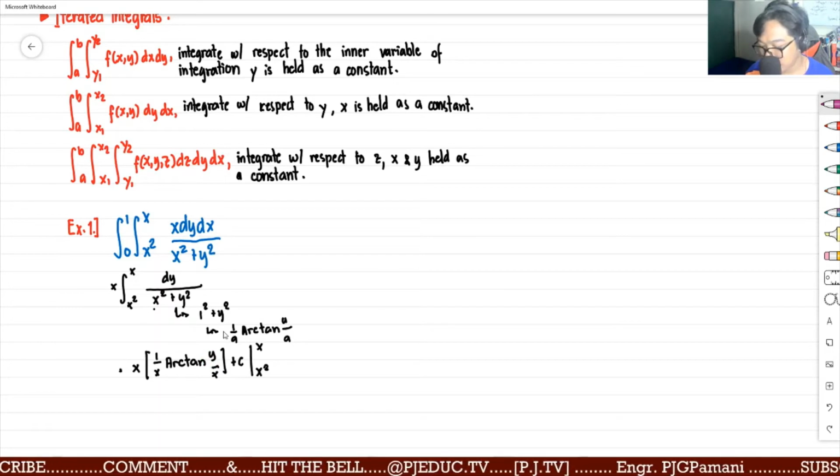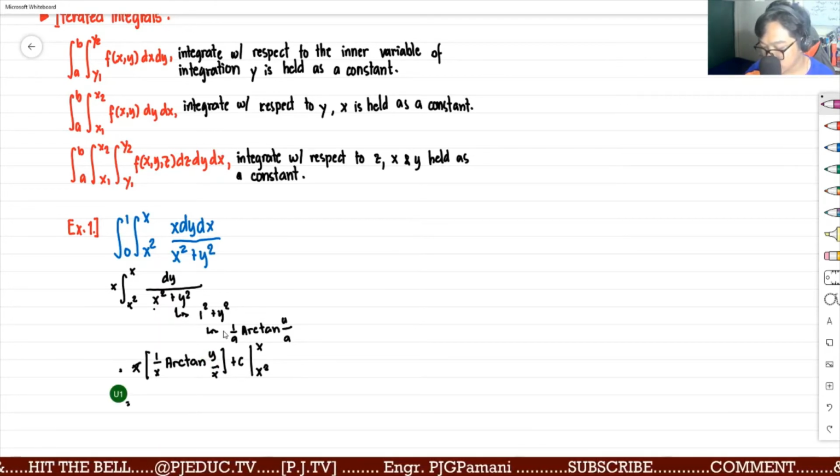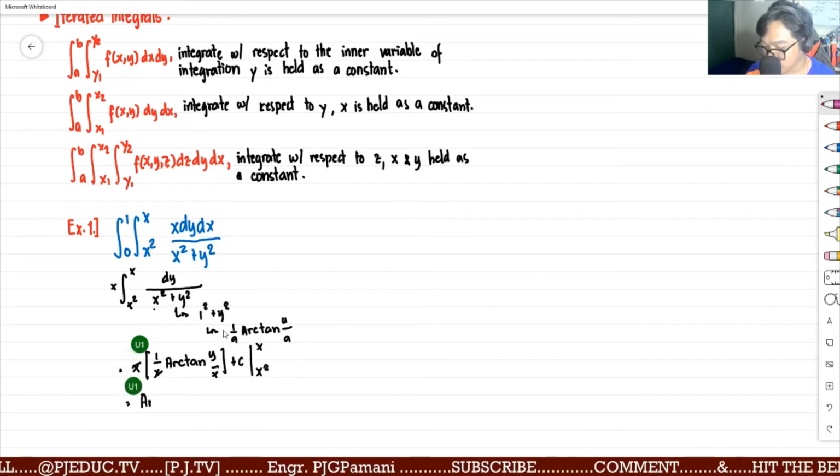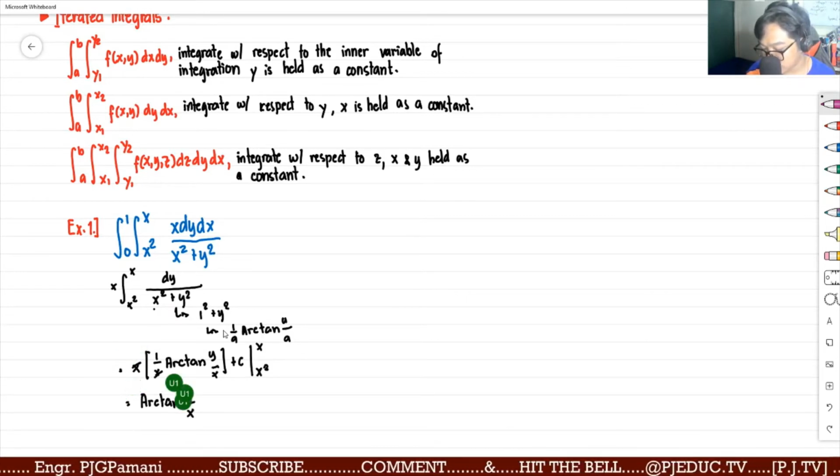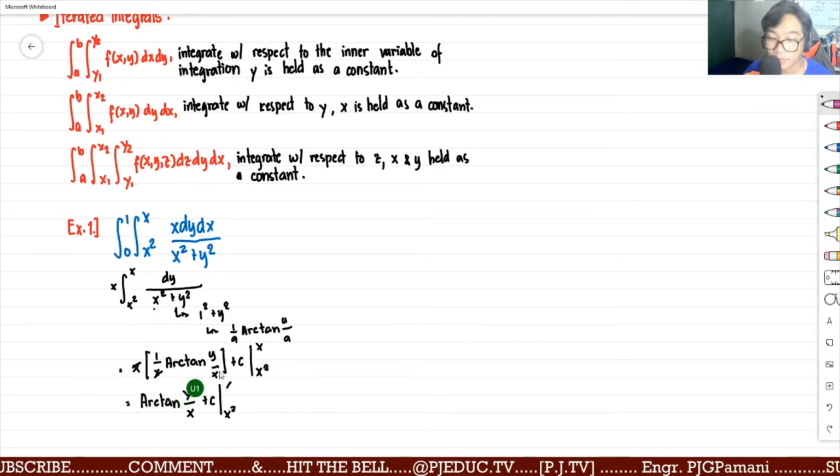Simplify muna natin dahil meron pa tayong x dun sa labas. That is cancel. So that is arctan y over x plus c of x squared to x.